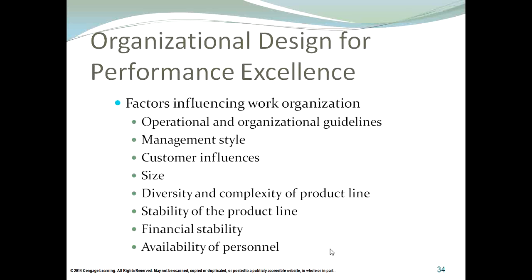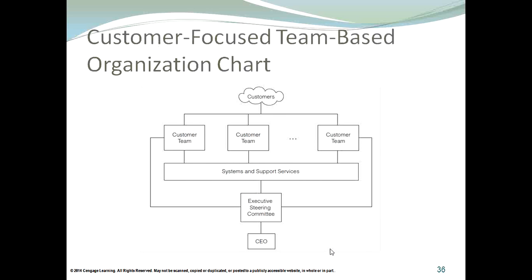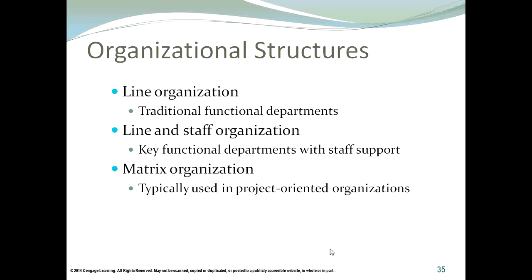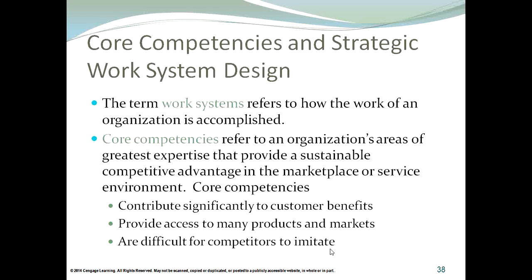Then we examine the work system, core competencies like outsourcing and vertical integration, and the performance and guidance of the strategic plan. The factors that influence organizational performance structures, as I just told you, are line organization, line and staff organization, the matrix, and core competencies.